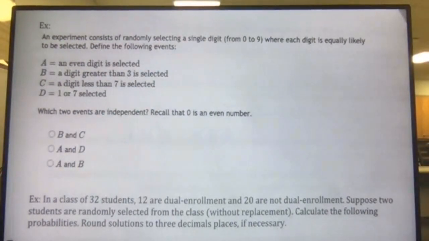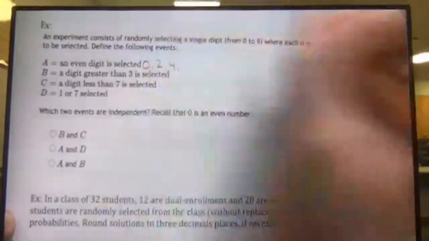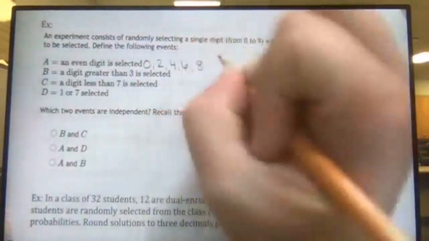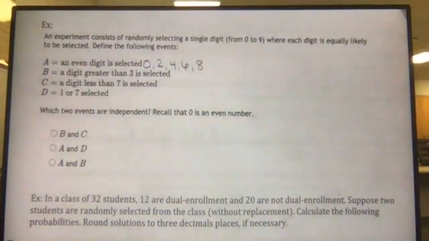Define the following events. So A, B, C, and D. So A is an even digit is selected. So our options for even are going to be 0, 2, 4, 6, and 8.